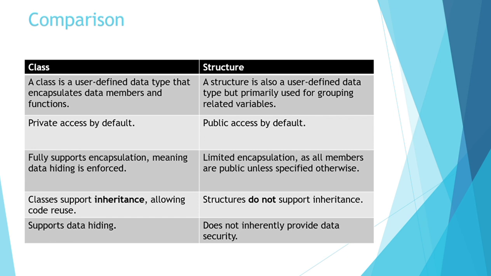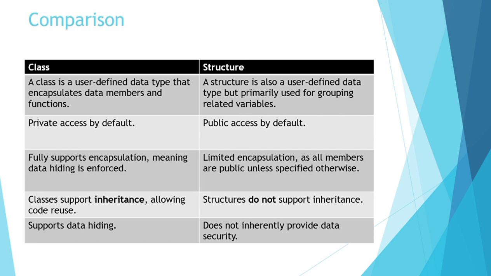Structures: members are public by default, meaning they can be accessed directly. Classes: members are private by default, ensuring better data security and controlled access. Object-oriented features: structures do not support object-oriented programming features like inheritance and polymorphism.